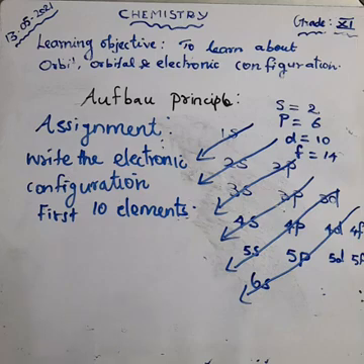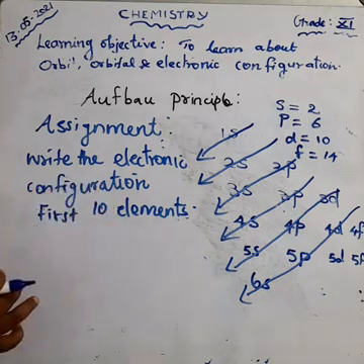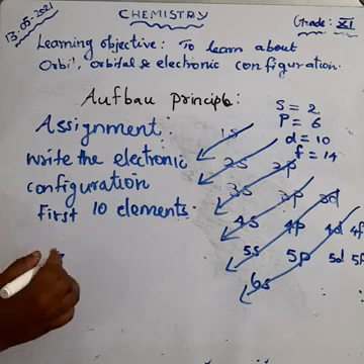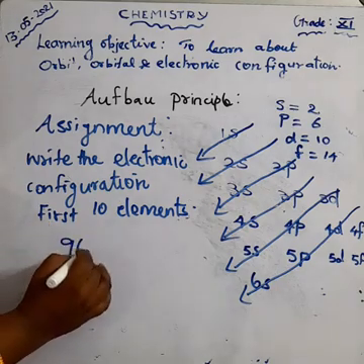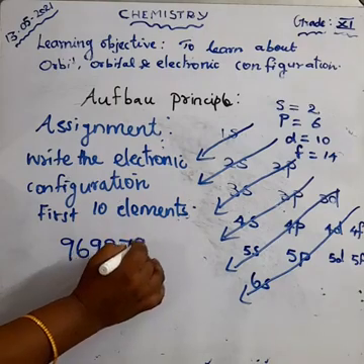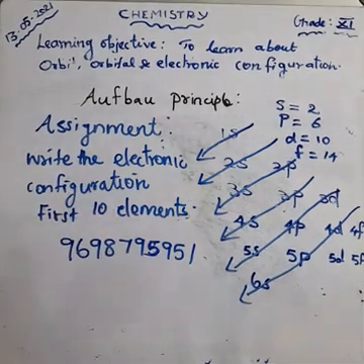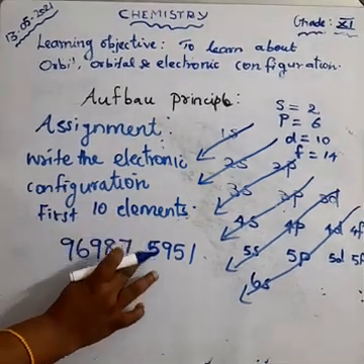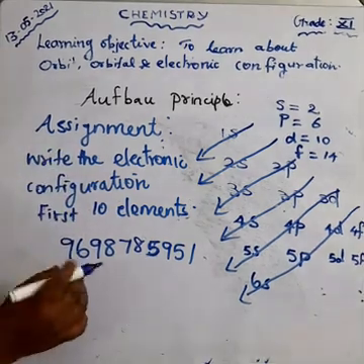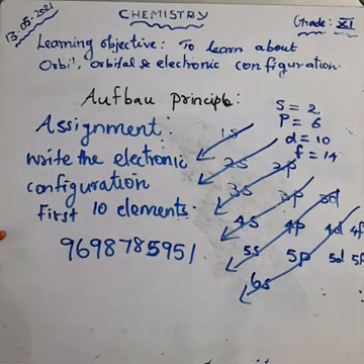What are the first 10 elements? Hydrogen, helium, lithium, beryllium, boron, carbon, nitrogen, oxygen, fluorine, and neon. You should write the electronic configuration for these 10 elements and send it to me through my WhatsApp number. Okay, clear? Thank you all of you.